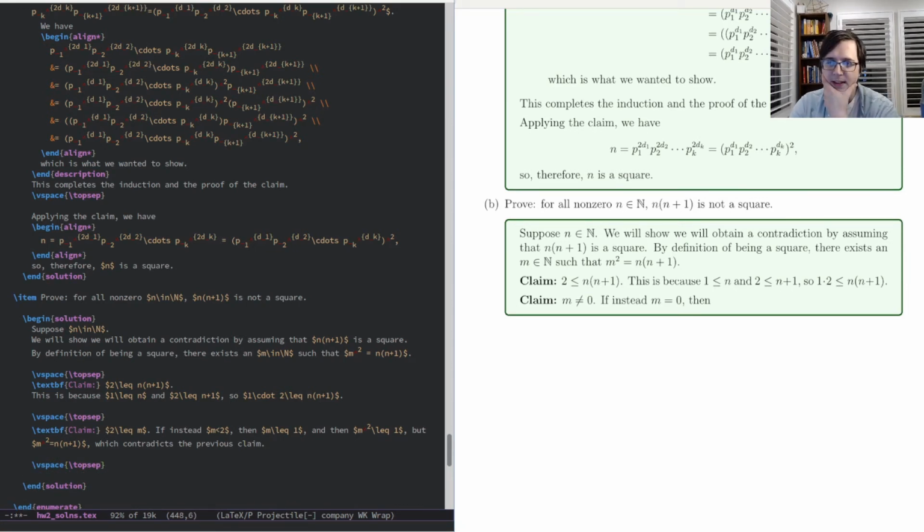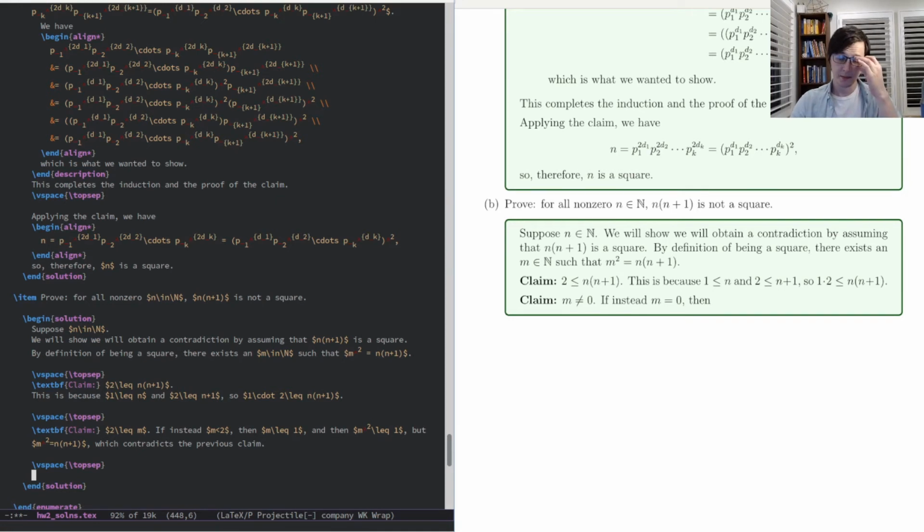Okay, so where am I going here? What I was thinking is, we can use the fact that every number has a prime divisor. Probably. Yeah, okay.